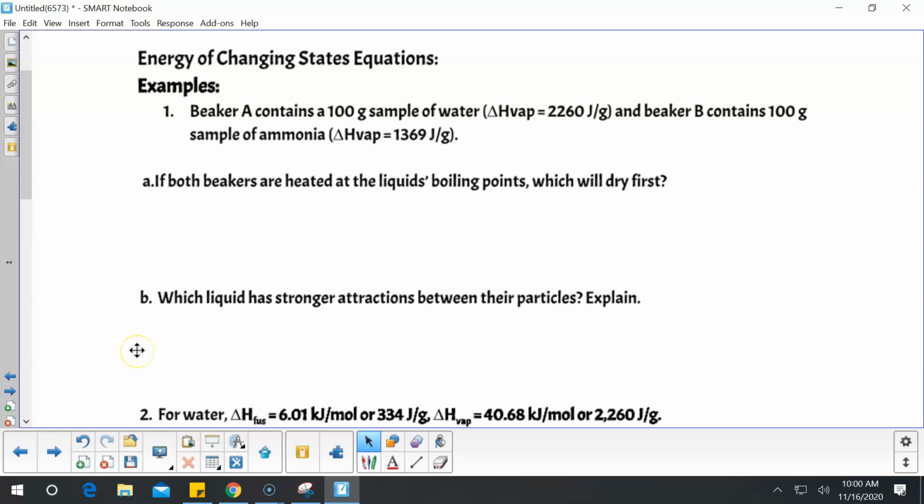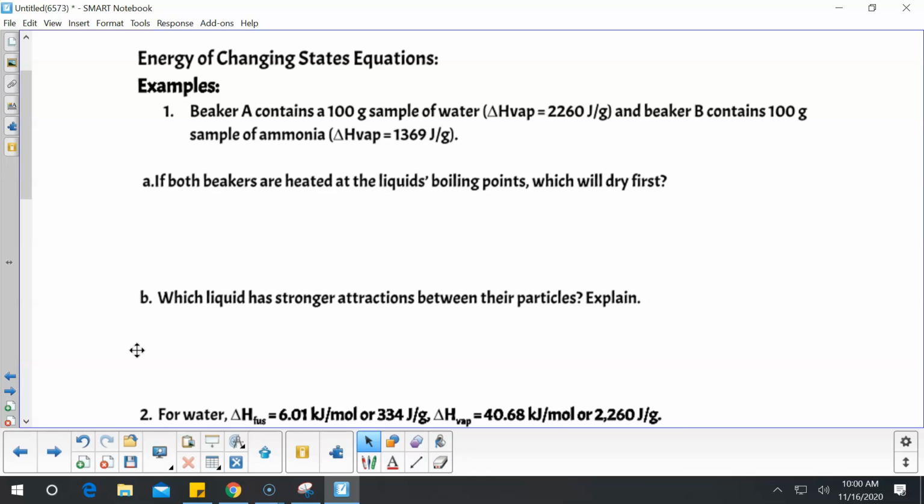So we have 2 beakers, A and B. They both contain 100 grams of 2 different substances. If you notice, the heat of vaporization for water is 2,260 and for ammonia, it is 1,369. If they're both heated, which one will become dry first?